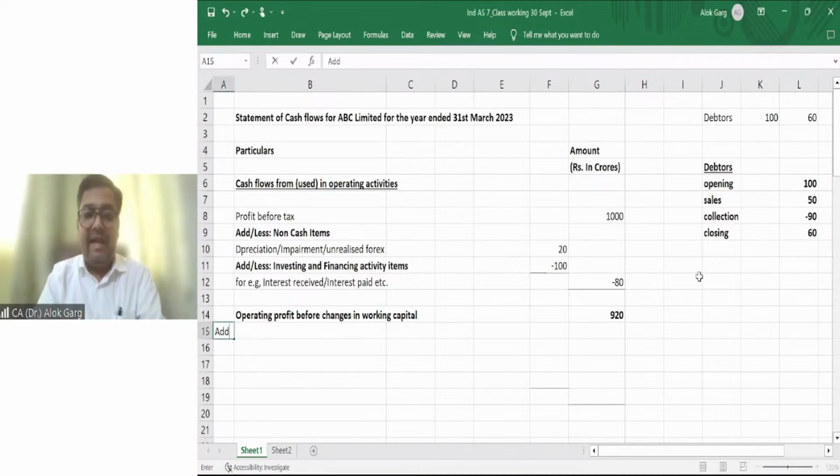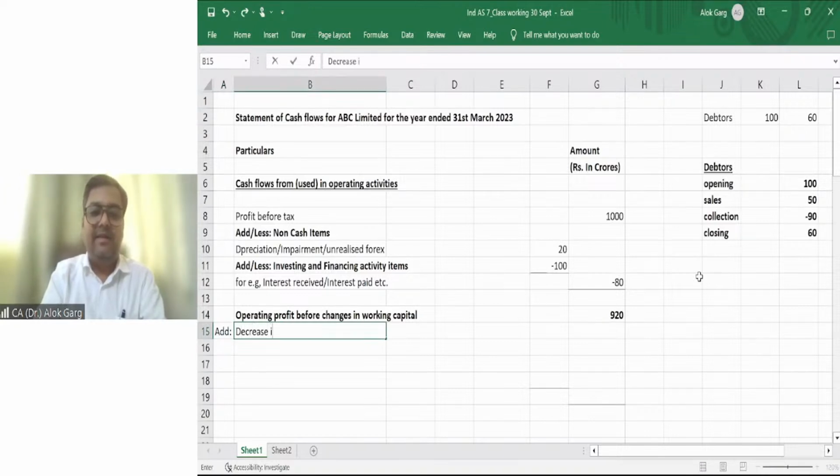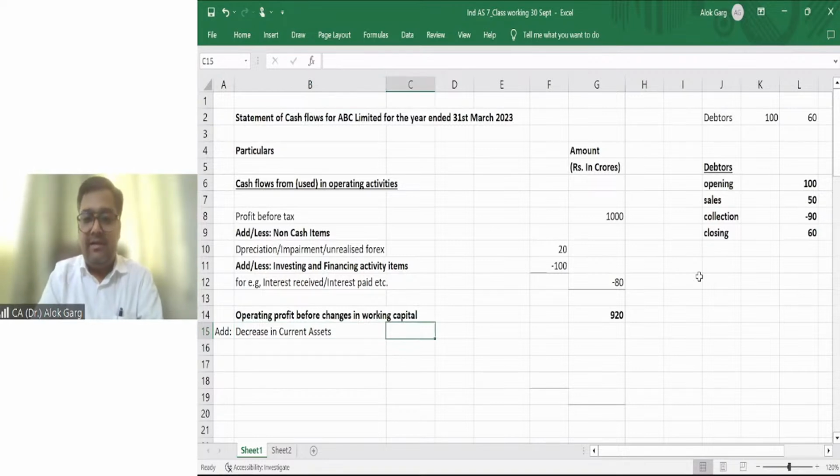So friends, add decrease in current assets. Whenever the current assets are decreasing, it means there is a cash inflow. Okay. So for decrease in current asset, where do we have to show it? We have to show this decrease in current asset, let's say 100 minus 60. It is a balance sheet item, 100 minus 60, 40 crore.